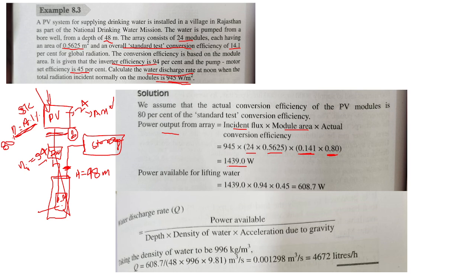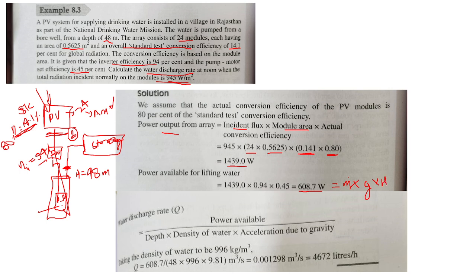So out of the power generated from the array, only 608.7 watt is actual power available for lifting water, that is, to lift the water, mg, through this much height. Your height is 48 meter, right?